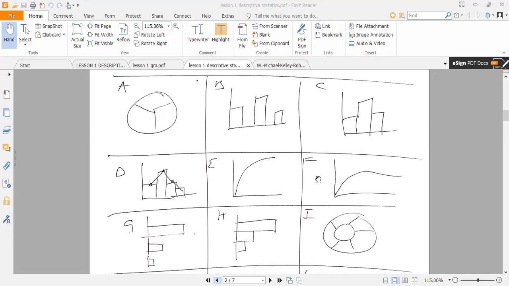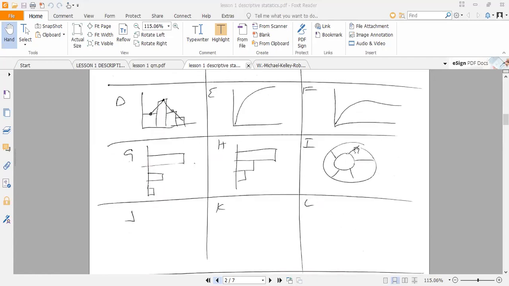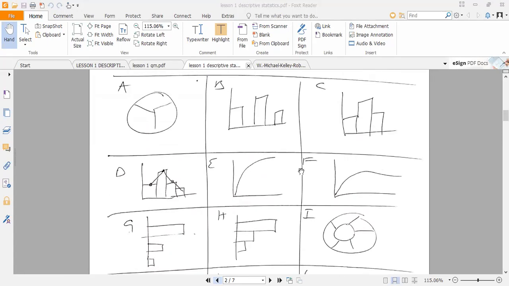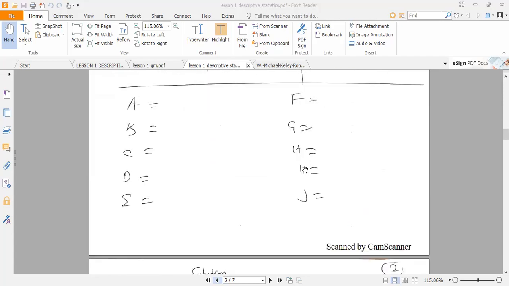And F is a relative frequency polygon. G and H, this is a bar chart and histogram, but they are coming from this angle. We have a pie chart or a donut. So at least you're able to identify these on your Excel sheets. Data presentation is important whenever you're presenting or summarizing data in pictures.